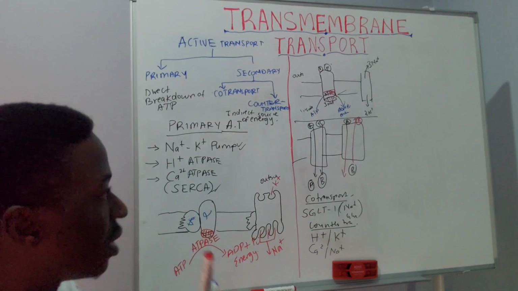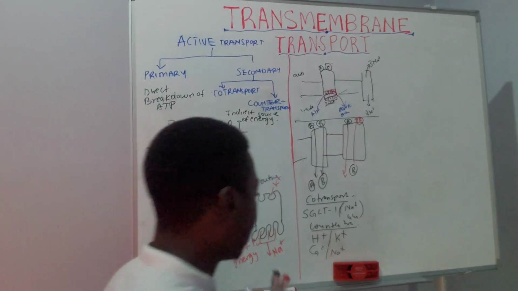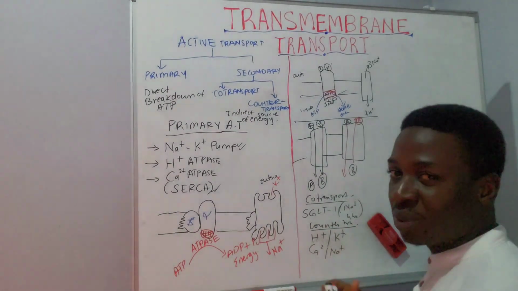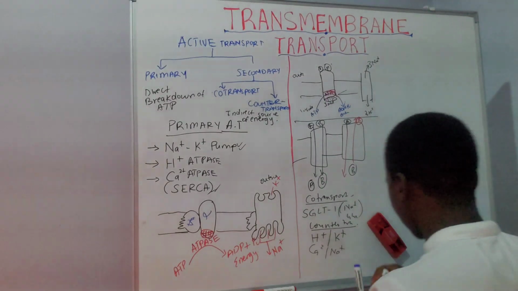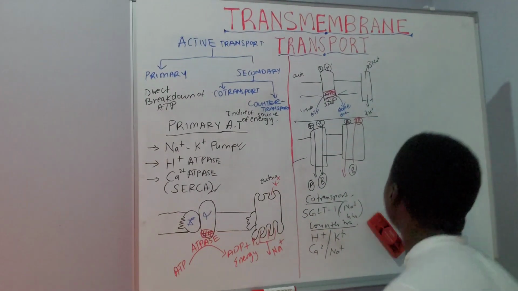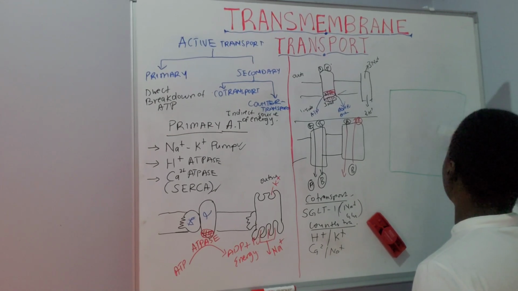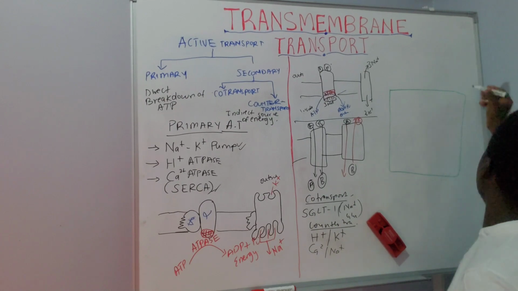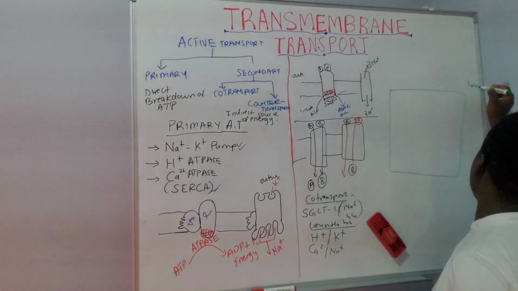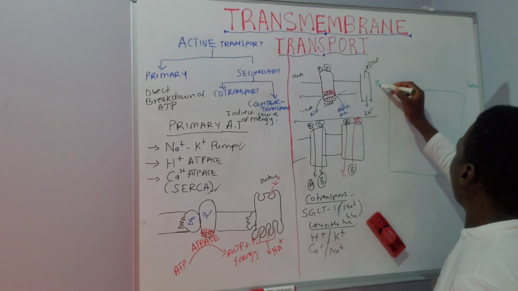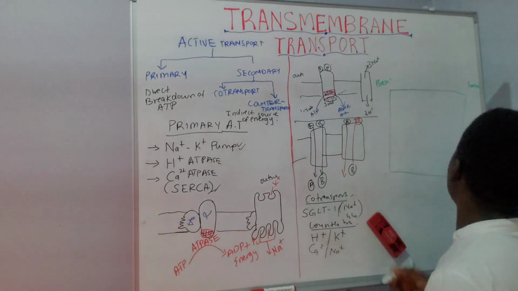But let me show you a diagram schematically of how these usually occur, because this brings a lot of confusion to many students. So if this is our cell, the concept of the energy usually causes confusion. This is, for example, the lumen, and this is the basolateral side of our cell.